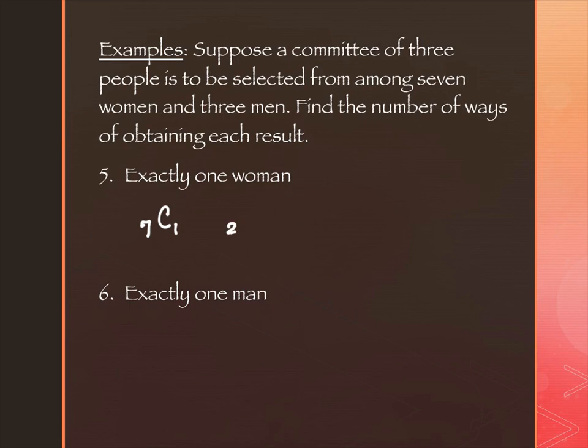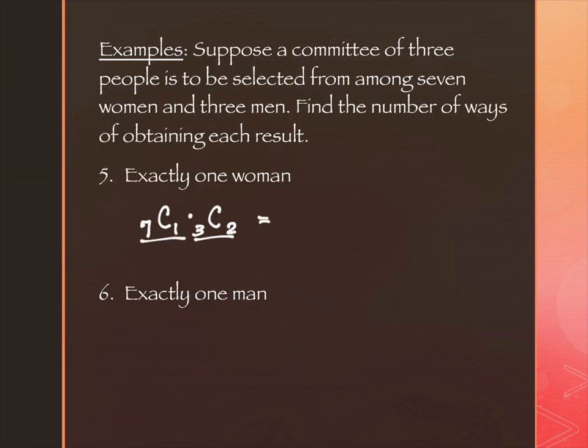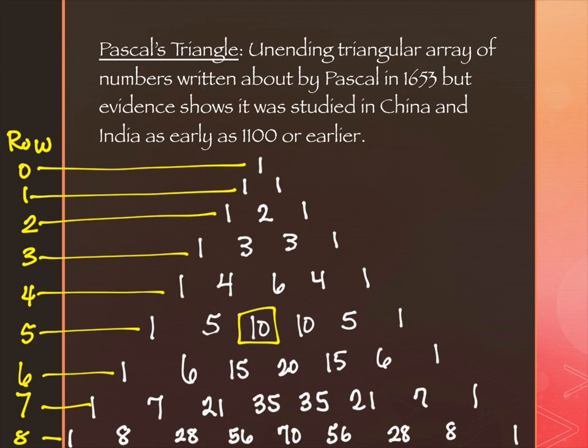So I need to choose 2 more people from among how many men were there? 3. So it's a fundamental principle of counting using combinations. 7C1. What's 7C1? 7. And what is 3C2? So row 3, skip the 1 column, entry 2 is a 3.